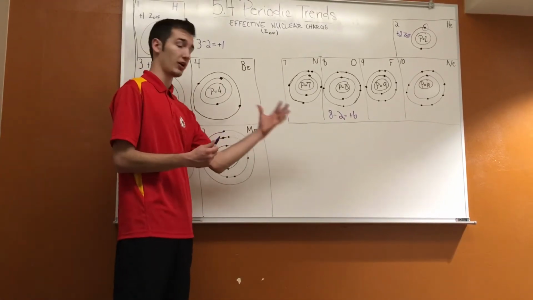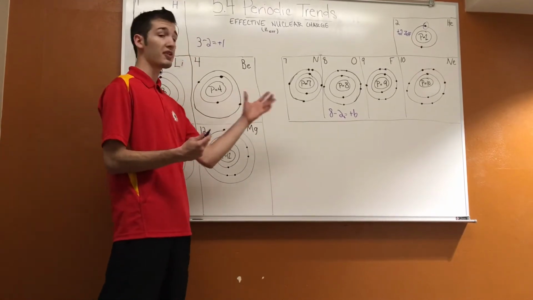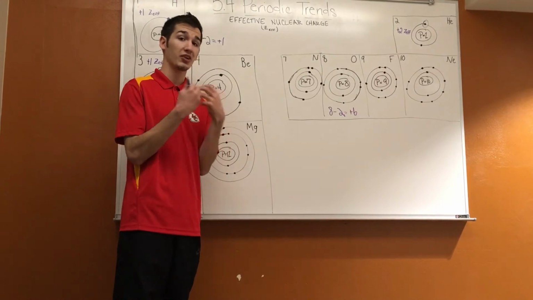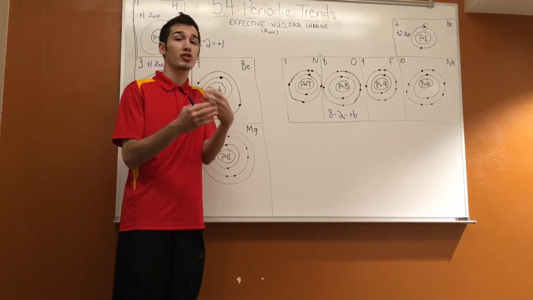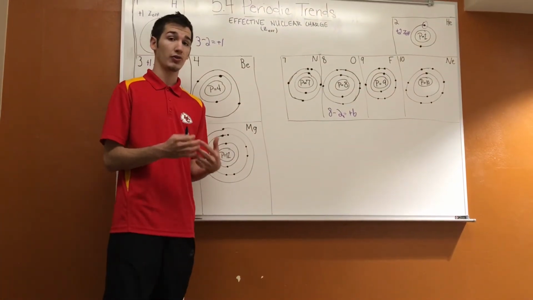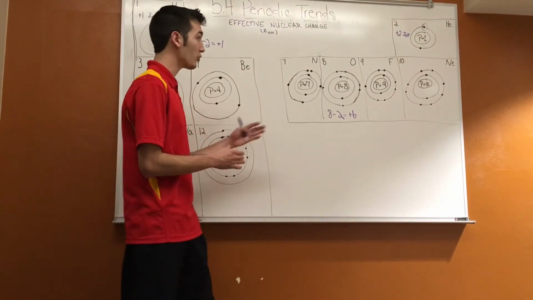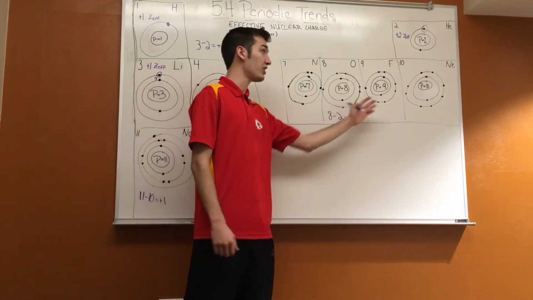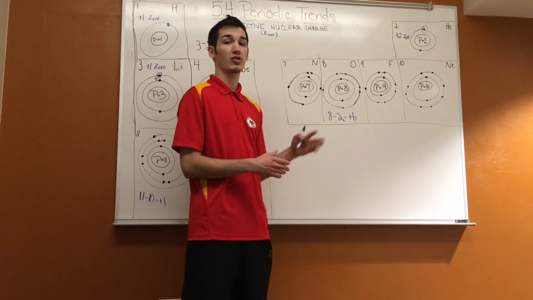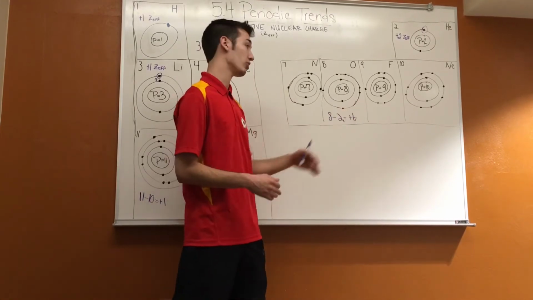So what do these numbers tell us? Well, +6 tells us that oxygen pulls on its electrons more, keeps its electrons closer than lithium with a +1 effective nuclear charge. When we start looking at trends, I'll write up all the effective nuclear charges.